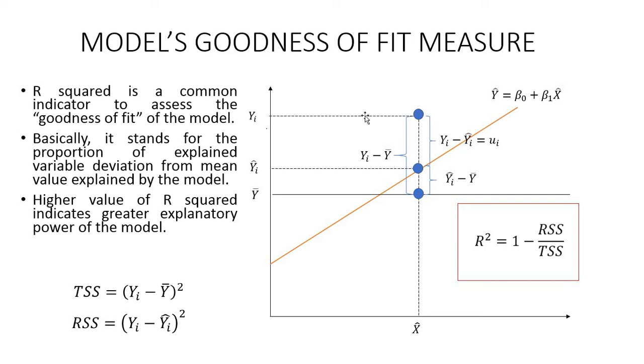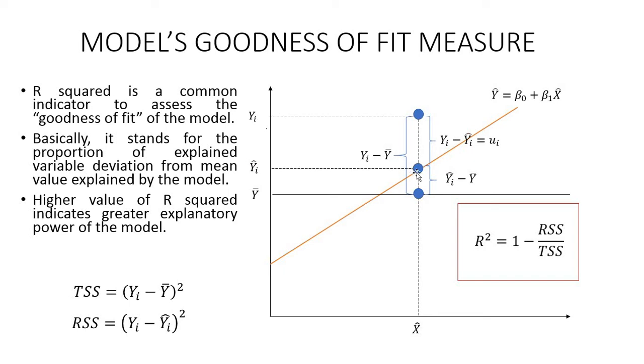So this distance stands for the difference between the empirical value of y and the average value of y calculated for the entire sample. This is the distance between the average value and the predicted value. So very informally, you can take it as the proportion of variation in the dependent variable which is actually explained by the model.